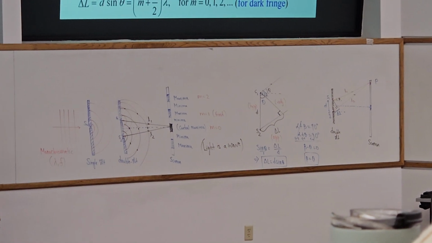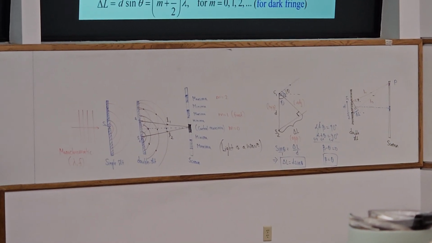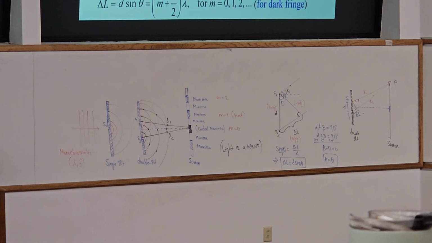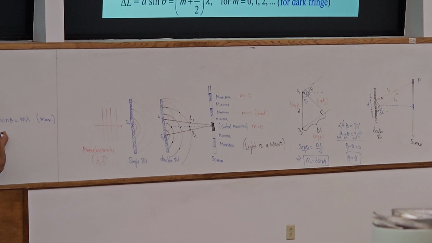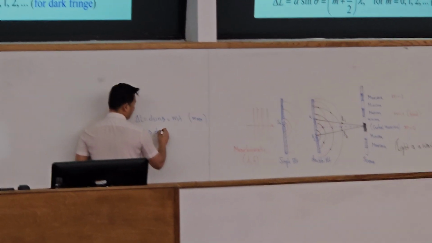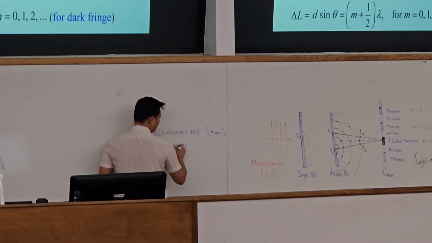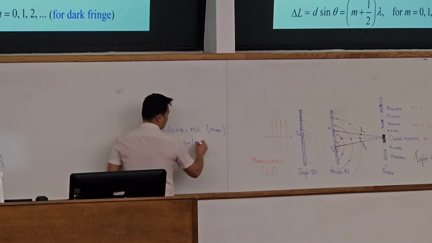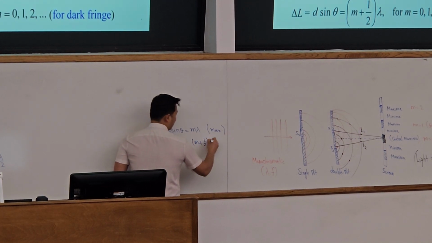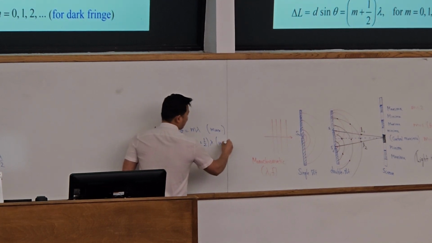So now, Thomas Young did this: if delta L equal to D sine theta is equal to m lambda, then I have a maxima at that point P. If D sine theta is equal to (n plus 1/2) lambda, then I have a minima.